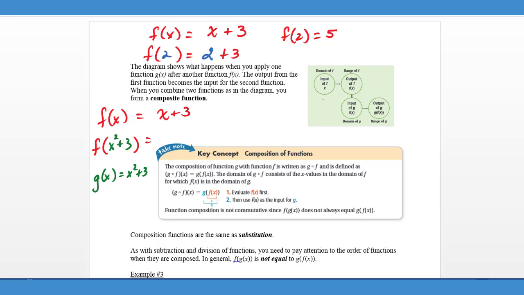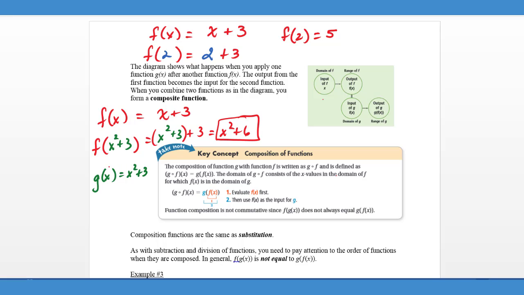And so what would happen here is this. Every place that there was an x in the original function f of x, we would replace it with x squared plus 3. But don't forget, we have the plus 3 on the back end of this. So basically we've replaced the x with x squared plus 3. Now, we would combine like terms and we would have our new composite function.